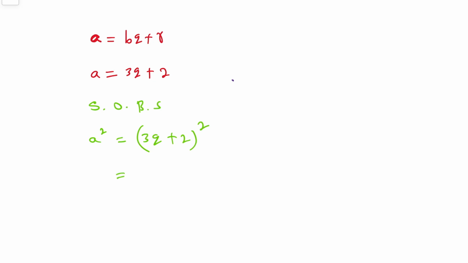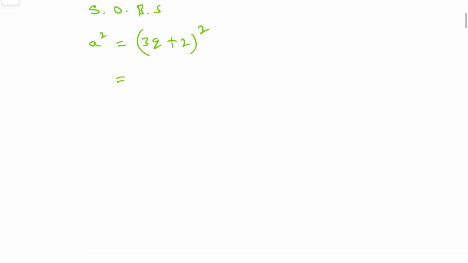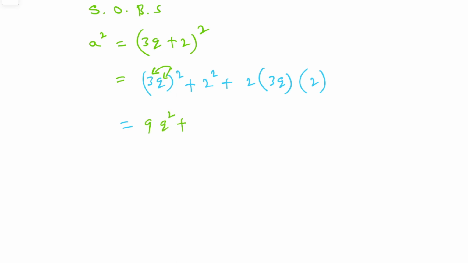Left side part as it is, 3Q plus 2 whole square, it is again in the form of A plus B whole square. So A plus B whole square is A square plus B square plus 2AB. So that will be 3Q whole square plus 2 square plus 2 into 3Q into 2. That is equals to, this square is applicable for number as well as variable, right? So 3 square is 9, Q square as it is, plus 2 square 4 plus 2 3s are 6, 6 2s are 12Q.